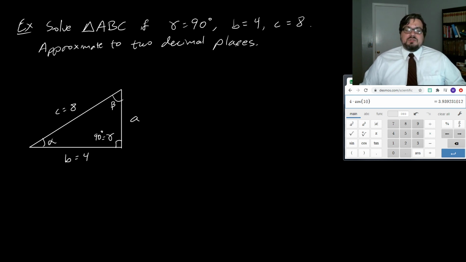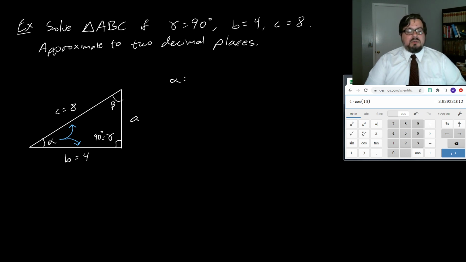So here's where we need to use something a little bit different. Now, usually we would start here by figuring out A, but I actually want to do something different. I want to figure out alpha first. I want to figure out one of the angles first. The technique is actually still the same. We want to find a trigonometric function that relates the quantity we're trying to find out about, alpha, to a couple of quantities that we know.